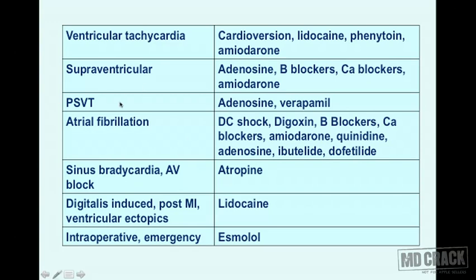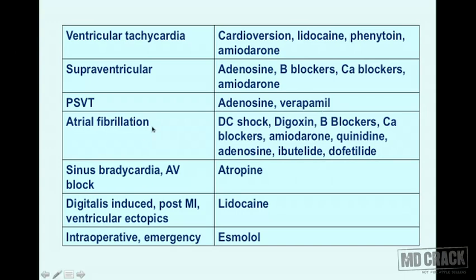Next row is PSVT, because I have put it separately, apart from the supraventricular tachycardia. That's paroxysmal supraventricular tachycardia. Drug of choice, adenosine. In addition to this, you can use a calcium channel blocker, obviously, and that's verapamil. Let's go down. That's atrial fibrillation.